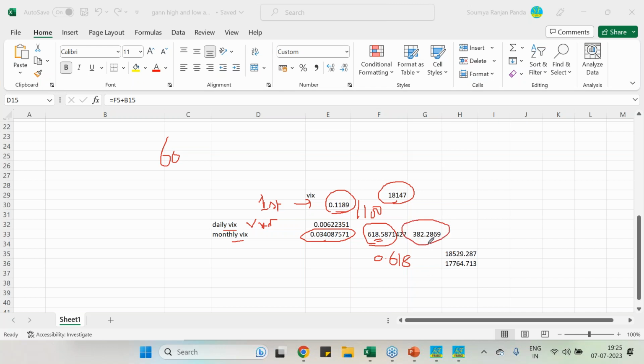ये बेस पॉइंट से 380 पॉइंट ऊपर जाने के बाद कंसोलिडेशन होगा. फ्रॉम हियर 380 पॉइंट गिरने के बाद कंसोलिडेशन होगा, नहीं तो फर्दर डाउन ट्रेंड चलेगा. That is what I want.